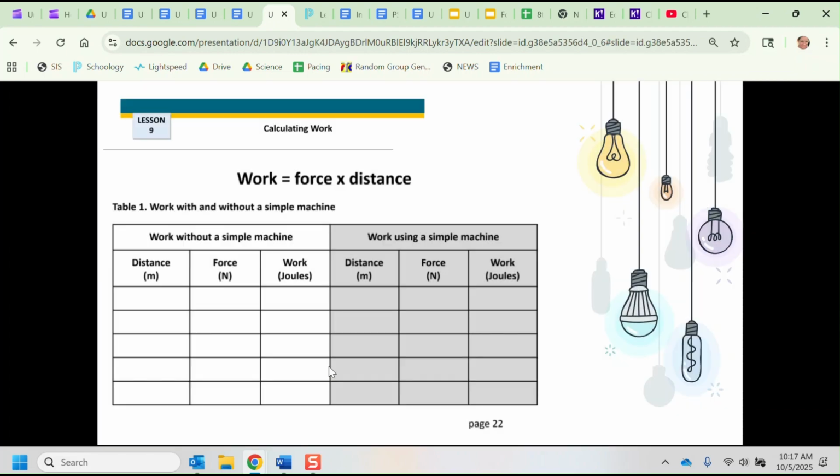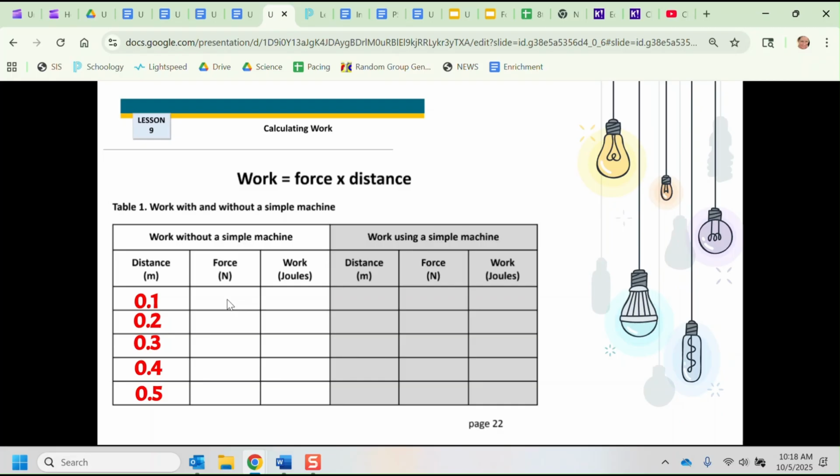So last class, when we did that, we actually filled in information. This class, we're going to fill in information about the distances we are moving our object. So without a simple machine, we're just pulling the object straight up. So we pull it up 0.1 meters, and we look on the spring scale. What is the force pulling down on that object?